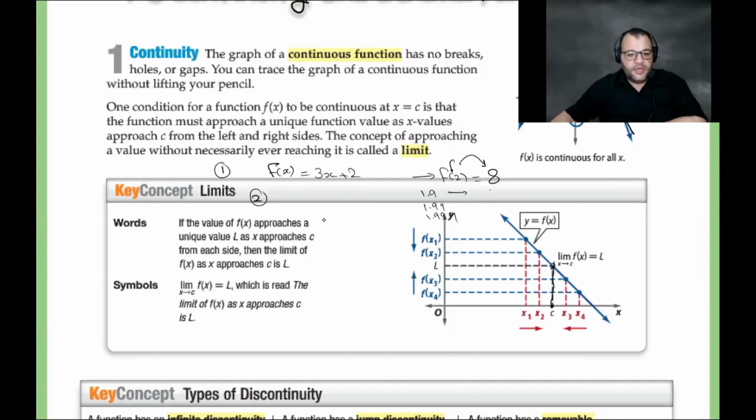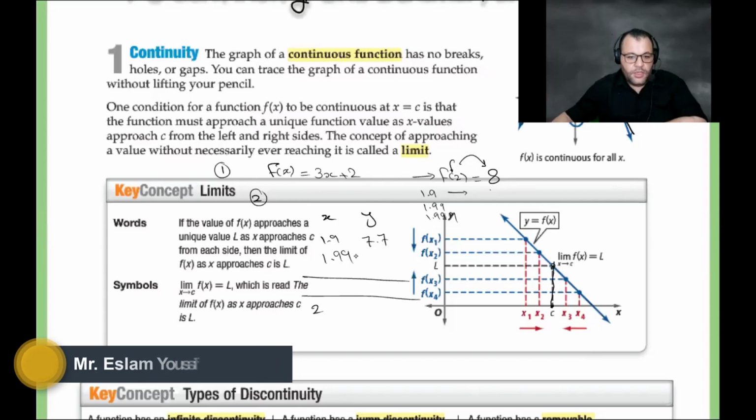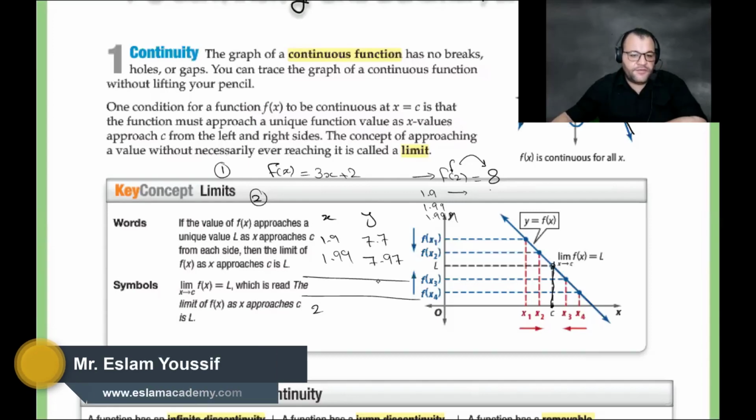So when I say x, that's x and that's y. When x is 1.9, it will be 7.7. What if x equals 1.99? It is 7.97.